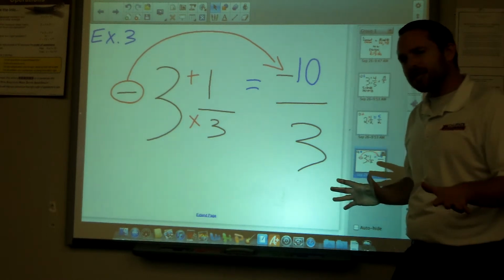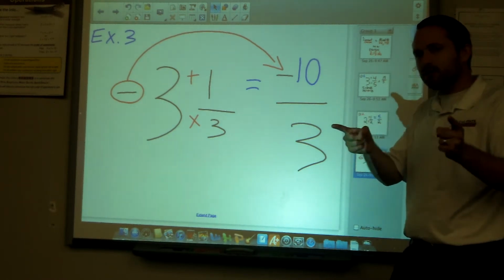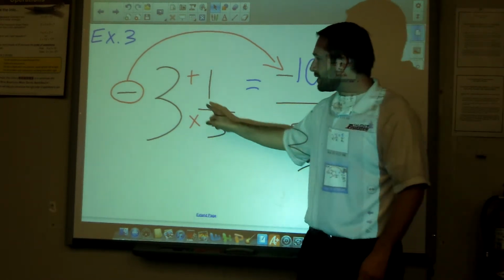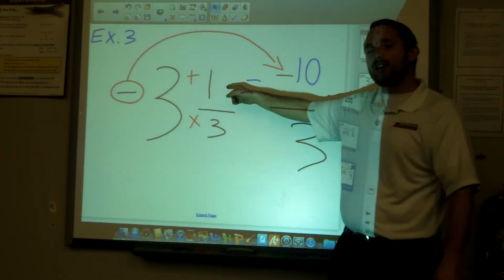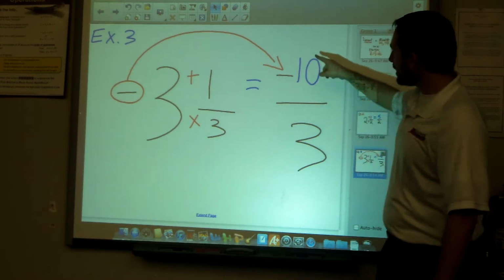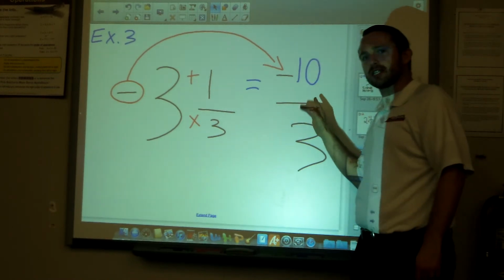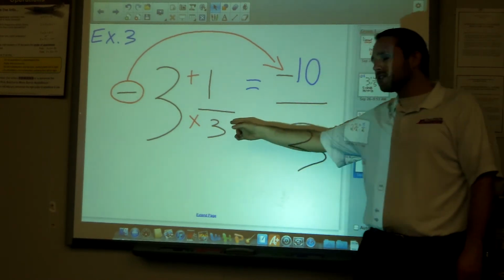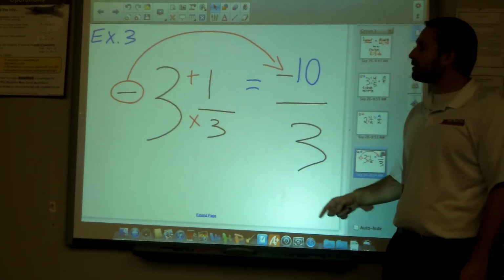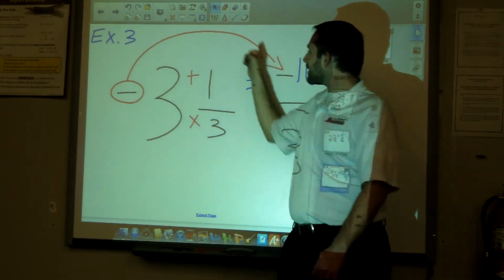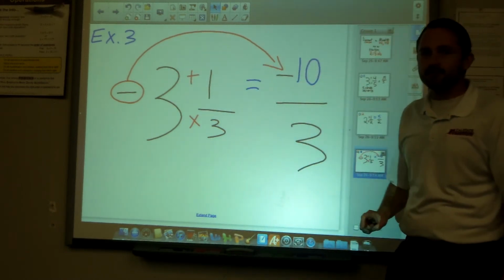So let's just forget about the negative for right now, but remember, we're going to save it. 3 times 3 is 9. 9 plus 1 is 10. So we're going to write 10, and we're going to put it all over the denominator that's right here, which was 3. Now remember how we saved it? We're going to bring back that negative and put it right there.